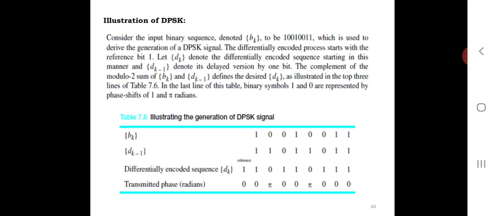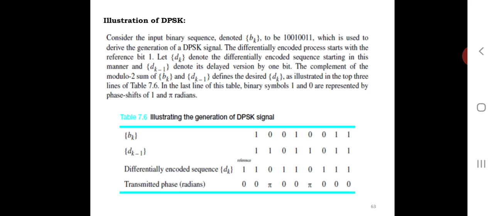So after doing this, do the modulo 2 operation of B of k and D of k minus 1. 1 1 is 0, then the complement of that is 1. So we are taking the complement of the modulo 2 sum of the above 2 rows. The complement of the modulo 2 sum is nothing but the XOR operation, that is 1 1 is 0, the complement of 0 is 1, 0 1 is 1, and the complement of 1 is 0.